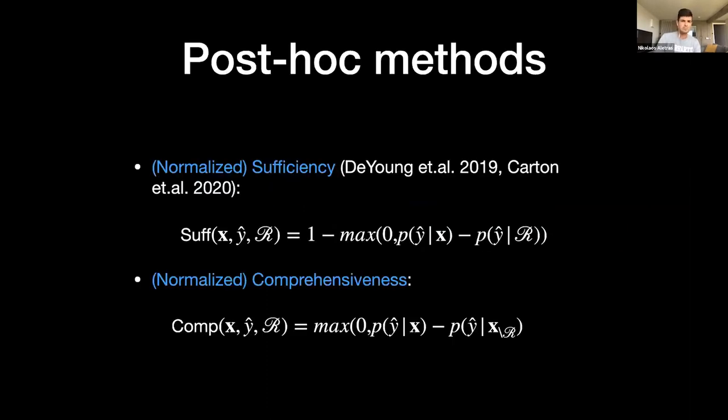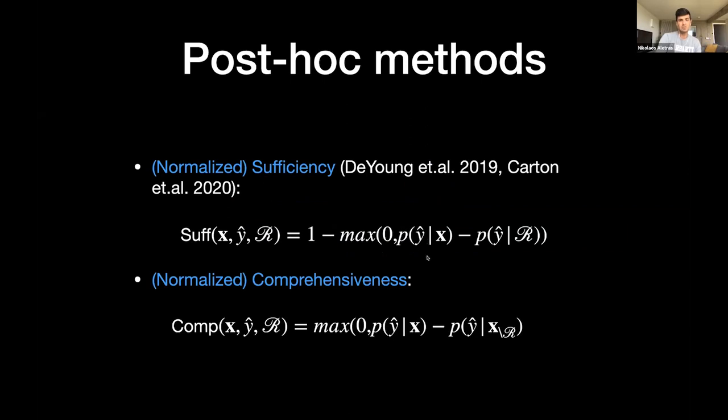So now I have given you an overview, an idea of what a rationale is and how we can extract rationales in a typical supervised machine learning setup. The question here is, okay, how can we assess if the rationales are good, how can we evaluate the faithfulness of those rationales? For post hoc methods, there are metrics such as sufficiency and comprehensiveness. I have added some equations here. It's not something complicated.